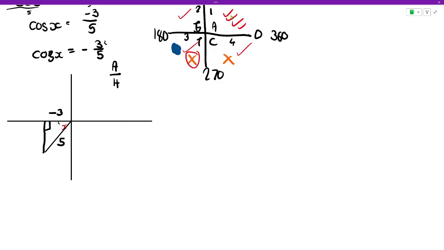Now, next thing we need to do is Pythag for the missing side. So what we're going to do is 5 squared minus 3 squared. You don't carry over the sign here. Well, you do, but you do it like this. And then that's going to give you 4. 4 is your missing side. Now the question is asking for tan squared x.